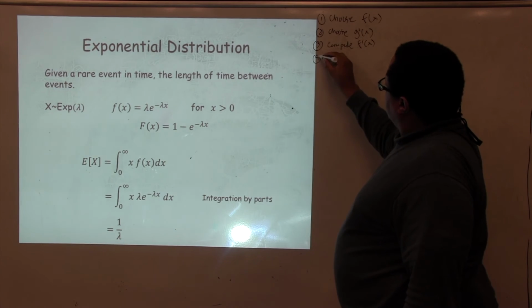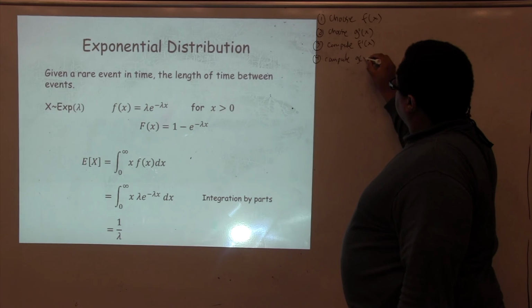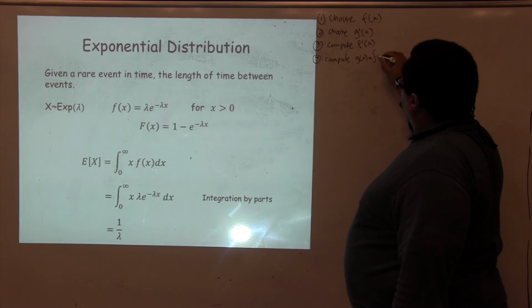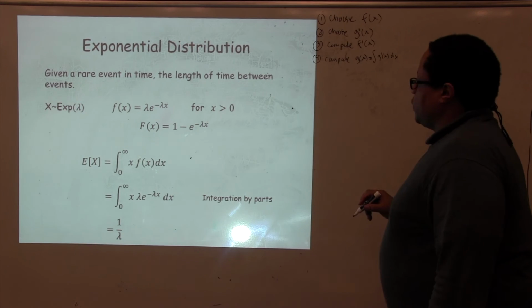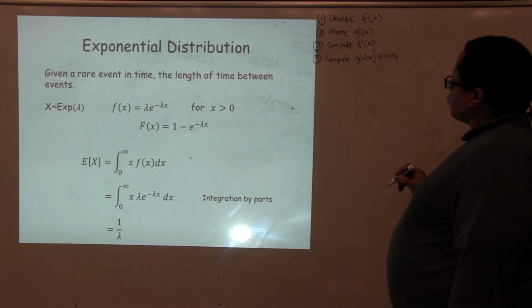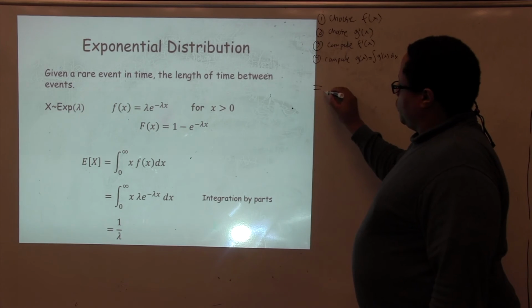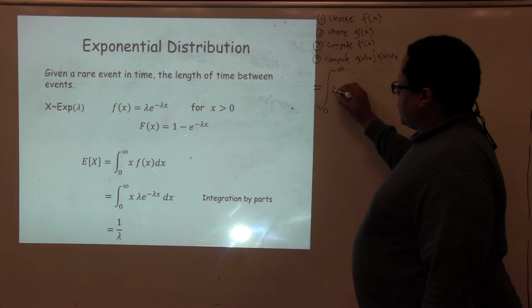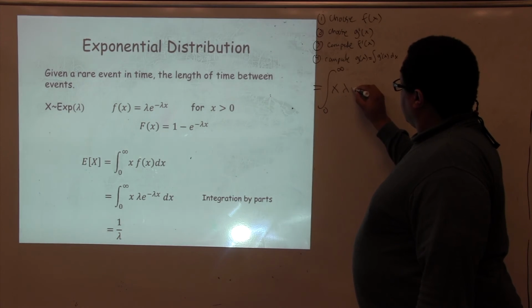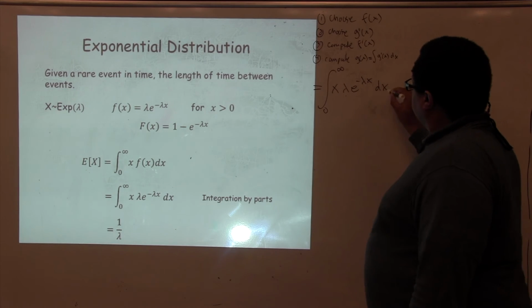And then 4, compute or calculate your g of x, which is just the integral of g prime of x dx. Okay, so let's try this out. So here we have e of x is equal to the integral from 0 to infinity of x lambda e to the minus lambda x dx.